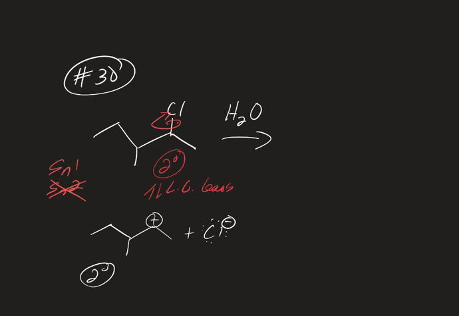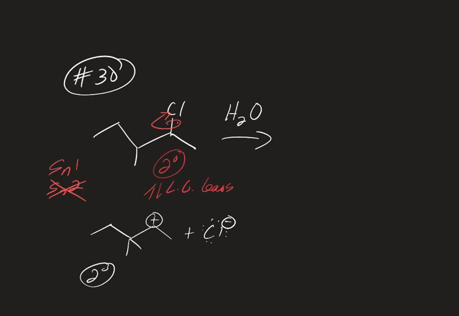And carbocations will rearrange. They want to become more stable, so they want to become tertiary because they have more hyperconjugation. There are 3 ways to stabilize a carbocation: lone pair resonance, pi bond resonance, and hyperconjugation.